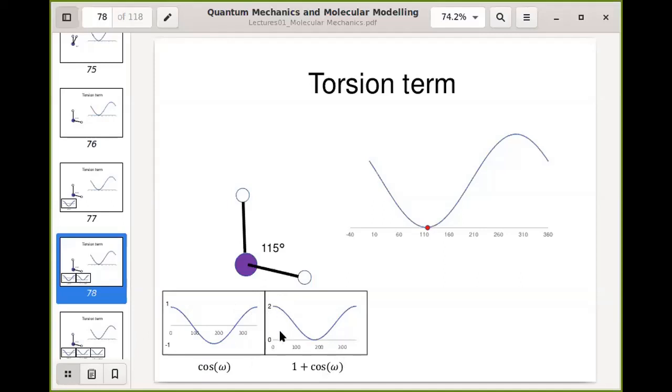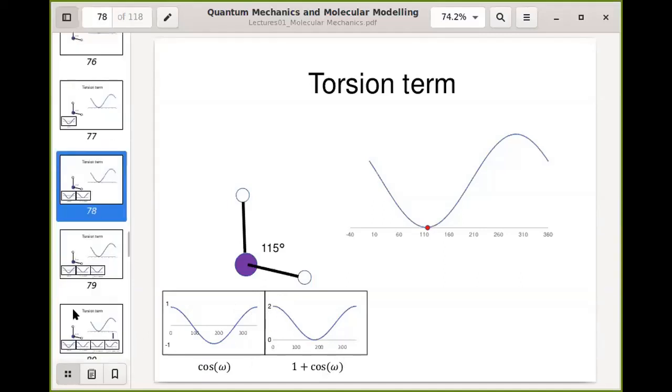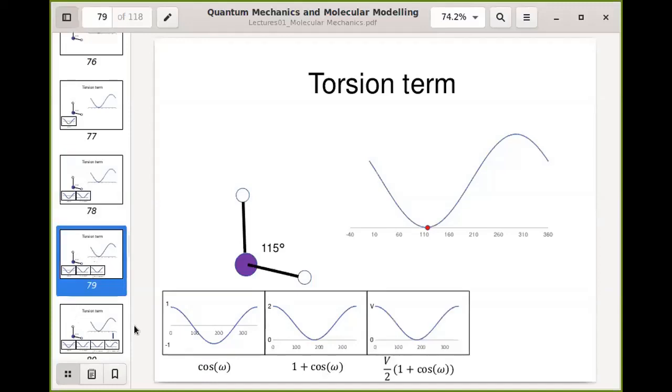So we need to change the cosine function still further. So what we could do is divide that by 2 to scale it down to 1, and then scale it up to the exact energy value we want. So if we multiply all of that by V over 2, we can make sure that the cosine function goes to a maximum potential energy that we want it to, and not to a maximum of 2, and certainly not any negative energy values. So now we're almost there.